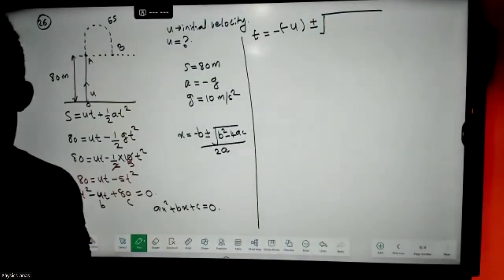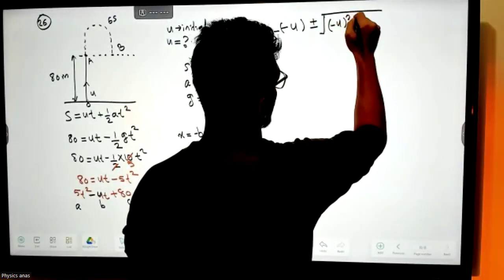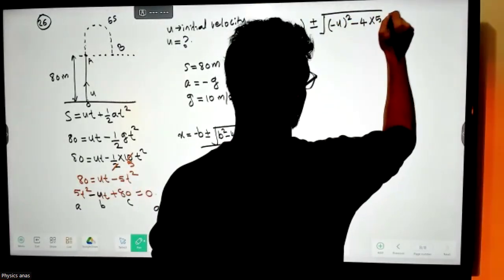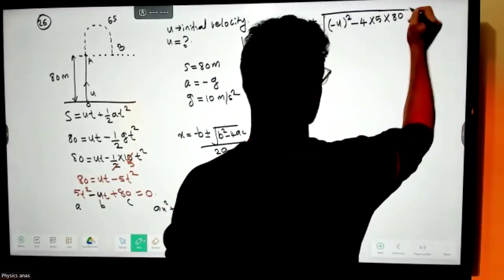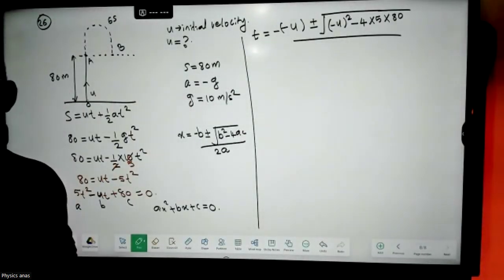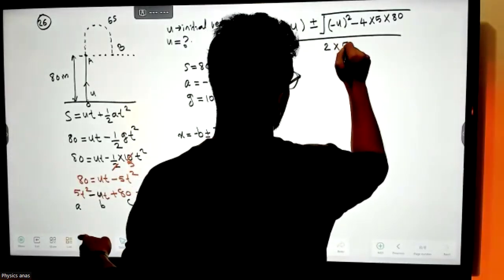What is b square? Minus u square, that's u square. b square minus 4 into a into c. What is a? 5. What is c? That's 80. Divided by 2a, which is 2 into 5.